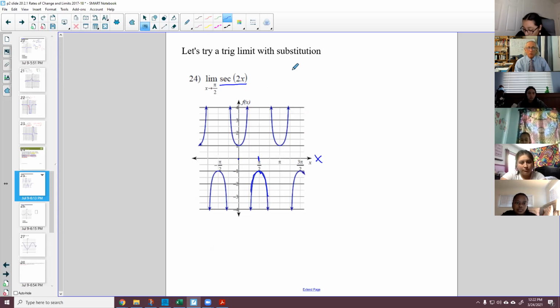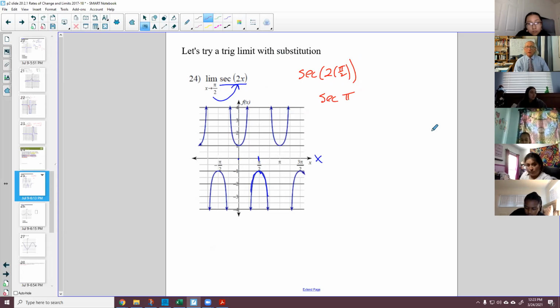Well, if I can do substitution, then I'm just going to take this pi over 2 and put it into my function. So I substitute, I get secant 2 times pi over 2, which is the same thing as secant pi. And I'm thinking, man, that was ages ago. I have no idea what secant pi is, right?